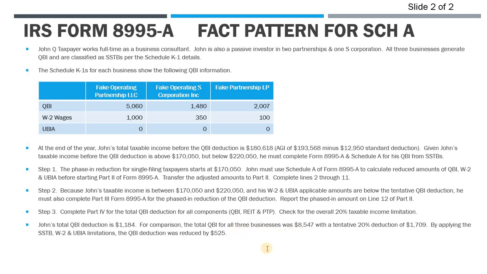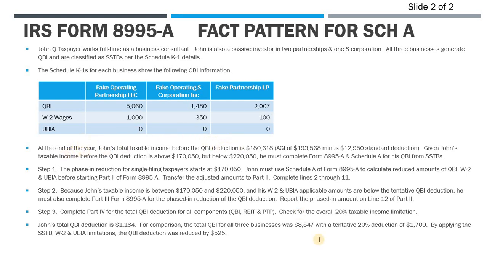Now, that's an important teaching point because if John, let's say his income was not $180,000, right? So let's say his income was only $65,000. Taxable income before the QBI deduction was $65,000. Well, he's well underneath the 170. So John's QBI calculation would actually have been this, right? He would have had 8,547 of QBI. The W-2 limitations don't apply.